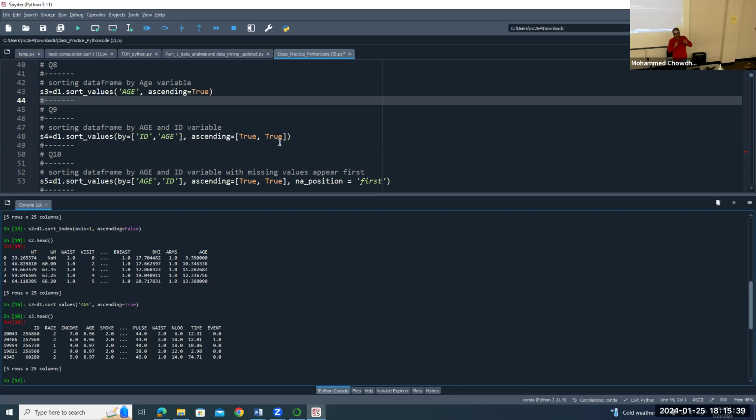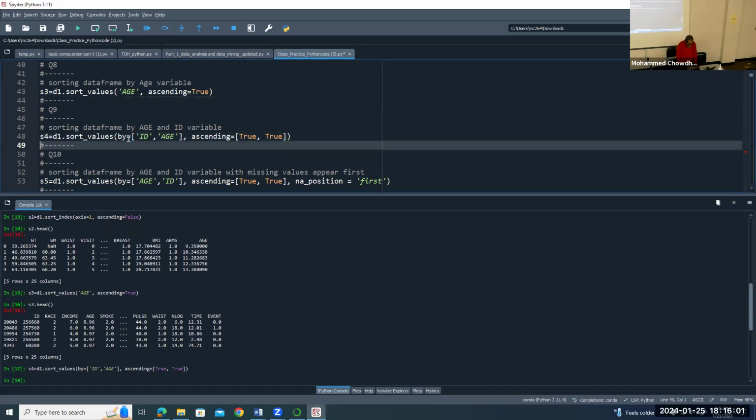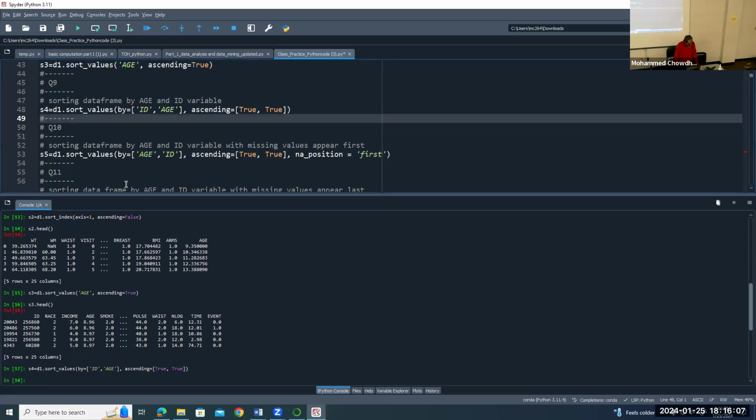And then 222, all age variable values will be in there. That's the way a data frame could be sorted with respect to two variables. So this is what you have for the two variables.